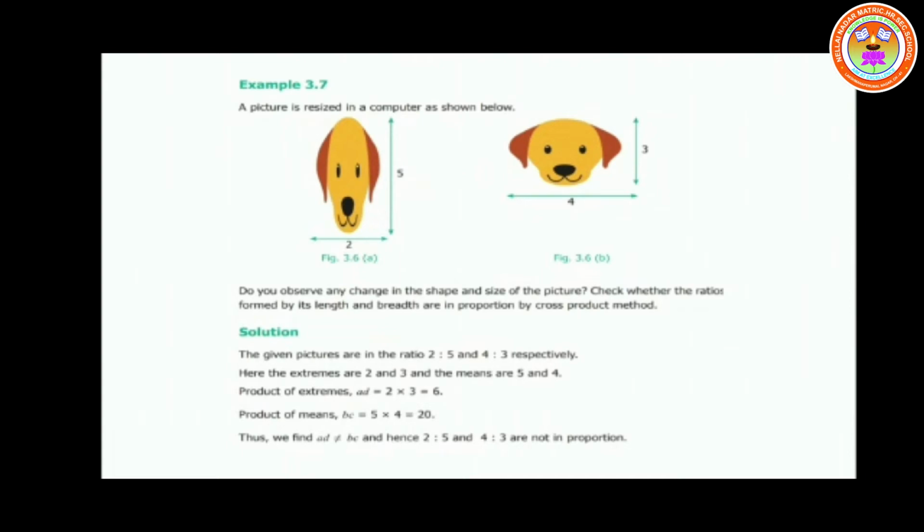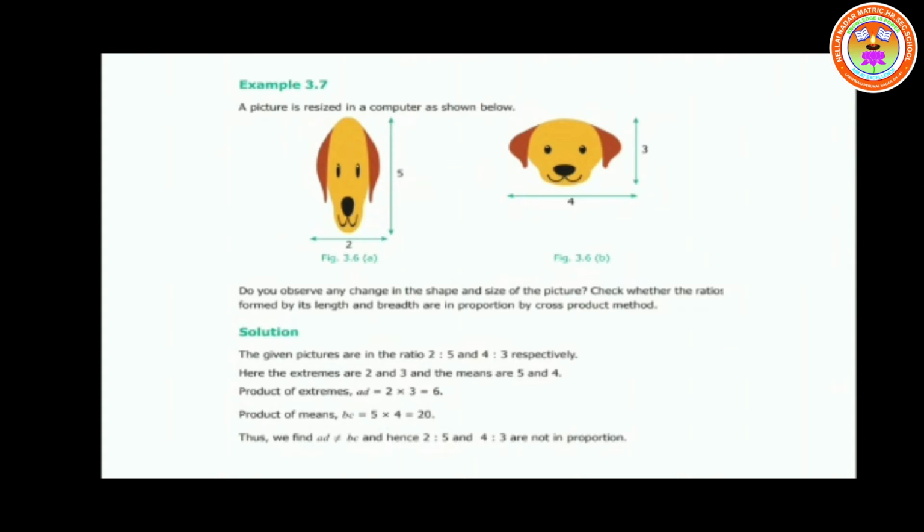So what is the formula? Product of the extremes is AD. For A, B, C, D, you take A and D as the product of the extremes. Here in the place of A you have 2 and in the place of D you have 3. Product means multiplication, so 2 into 3 is equal to 6. What is the product of the means now? 5 and 4.